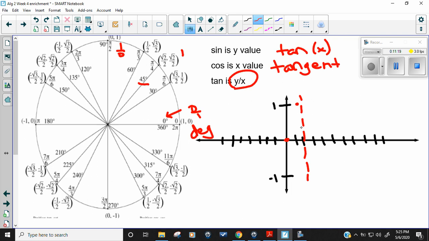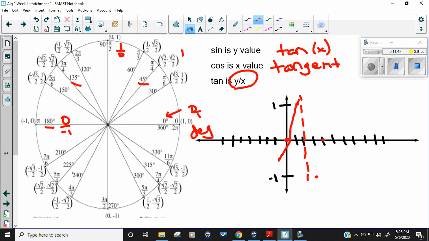And so this kind of goes like this, and there's another asymptote on this left side. Then at 135, it's y over x, which is the same thing, but it's going to be negative 1, because square root of 2 over 2 is just 1, negative. At 180, it's y over x, which is 0 over negative 1, which is 0.